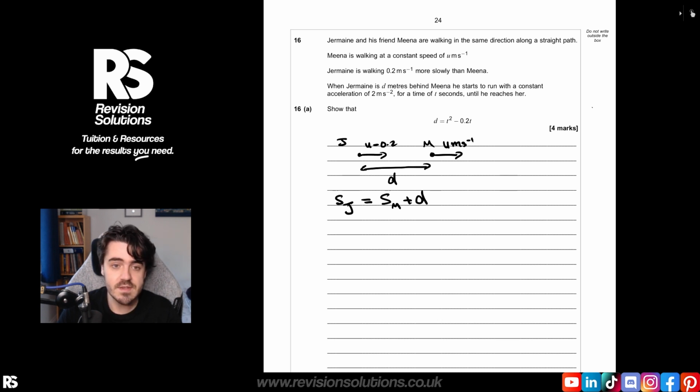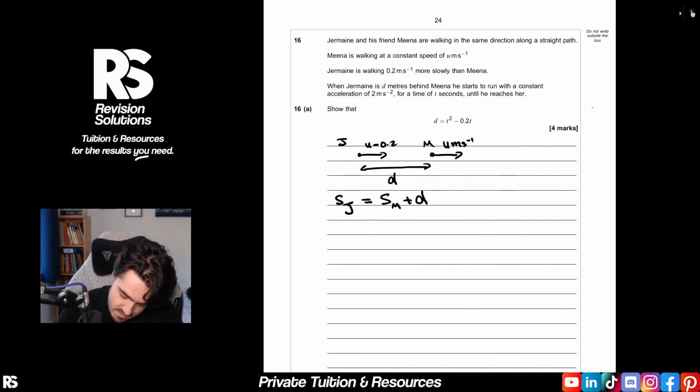She's not accelerating. So if we did a Suvat, it would just be s equals ut from s equals ut plus half at squared, because acceleration would be 0. So the displacement of Mina would just be her velocity u times t. Then the displacement of Jermaine, I will write out the full Suvat for. Well, we already know it's s_M plus d, which is our ut plus d.